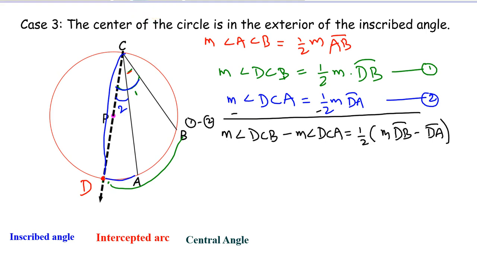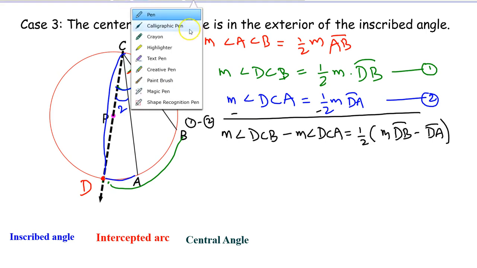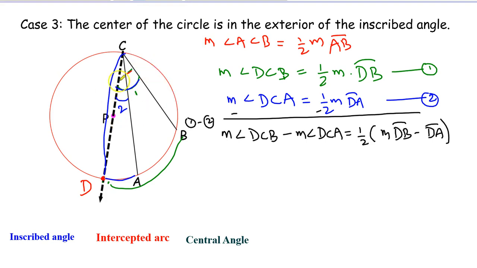Okay, so let me use this here. This angle is the whole angle, right? From that angle DCB, we are taking away this little angle. Now, what is left over? Now you are left with this piece, right?